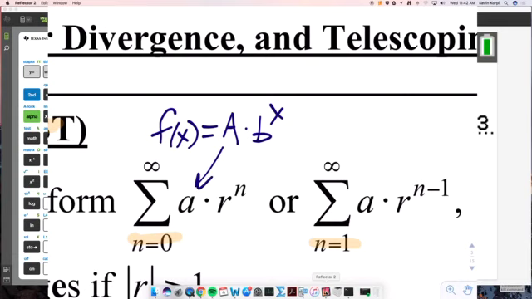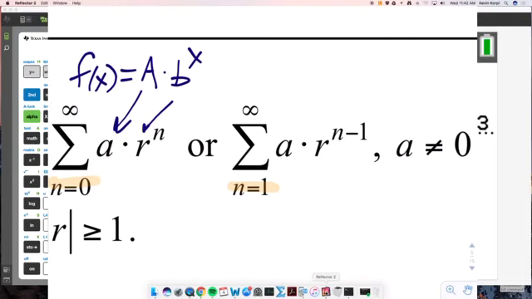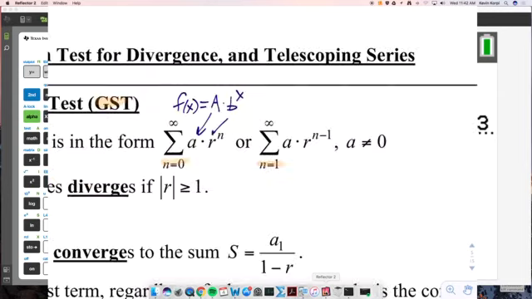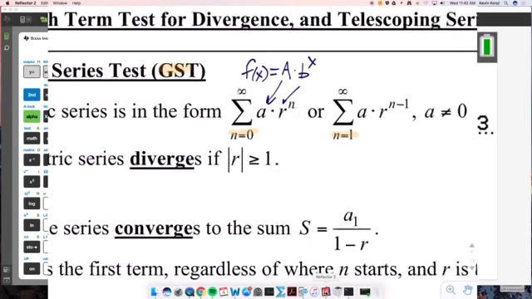So we have some a, which is just some constant, and then some base, which we're going to call r. We call it r for the ratio, okay? And then instead of x, we have n. Or it could be to the n minus 1 or n plus 1. That's not really that important, okay? What's important is that it has an exponential look to it. We call that geometric series.